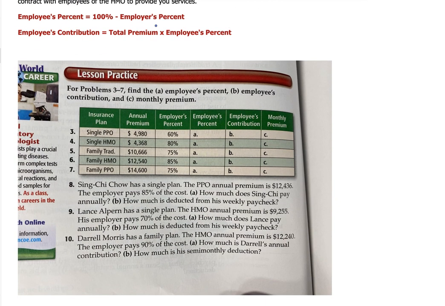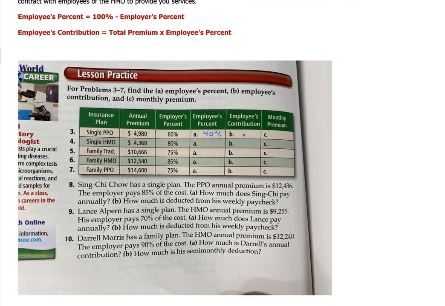All right, so number 3 is a single PPO, although this doesn't really matter much for us figuring this out. And we're going to do the employee's percent. So the annual premium is $4,980. The employer's percent is 60%. So that means the employee's percent is 40%, because it's just 100% minus 60.